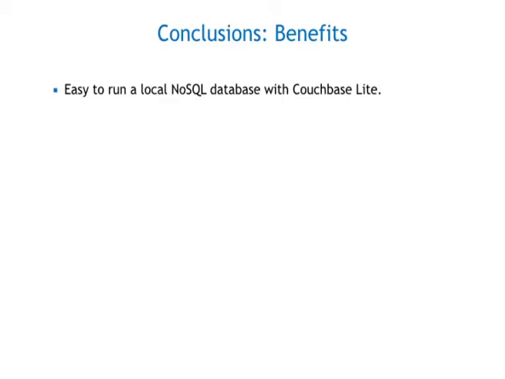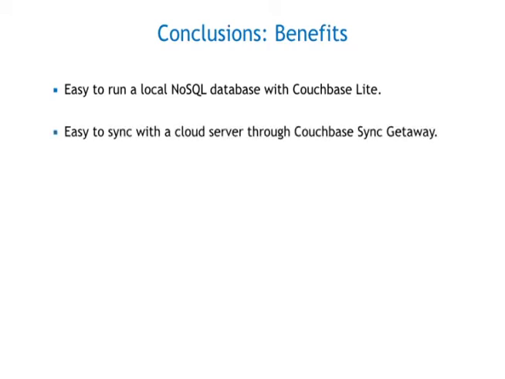So the benefits are that it is easy to run a local NoSQL database with Couchbase Lite. If we add a framework in a few lines of code, we are ready to use a Couchbase Lite database. Also, it is easy to sync with a cloud server through Couchbase Sync Gateway.